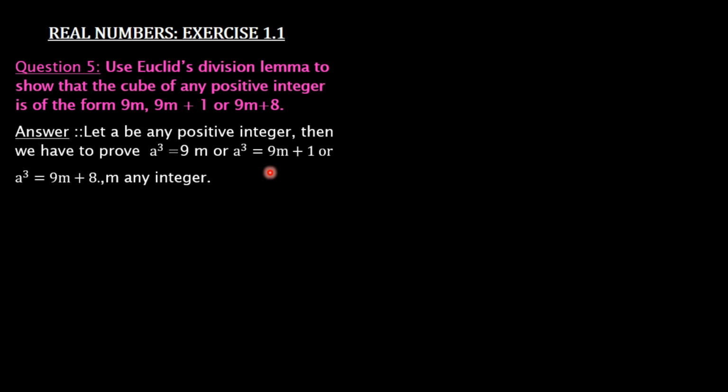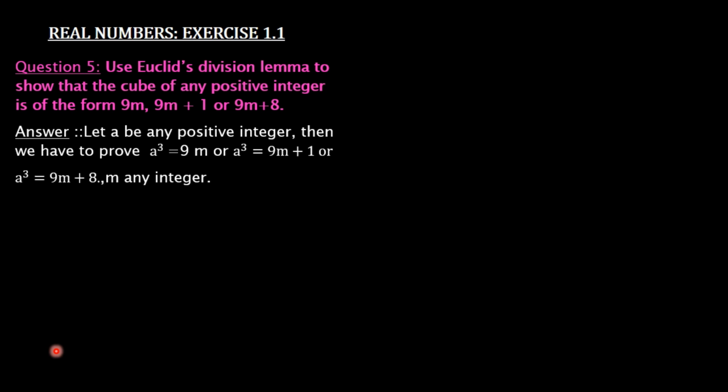That is, r equal to 0, 1, 2, 3, 4, 5, 6, 7 and 8. So we have to check these 9 cases in order to prove this result. For simplifying our process, we are going to apply this lemma to a and 3.